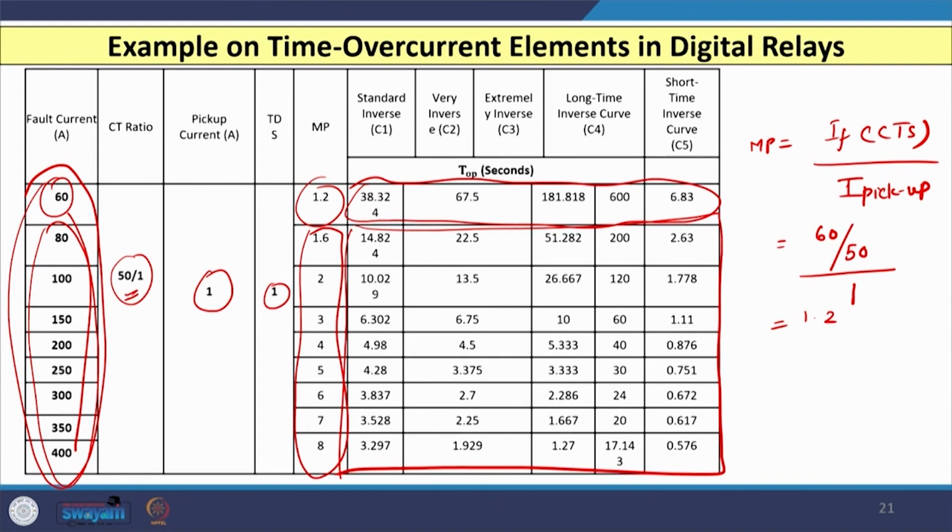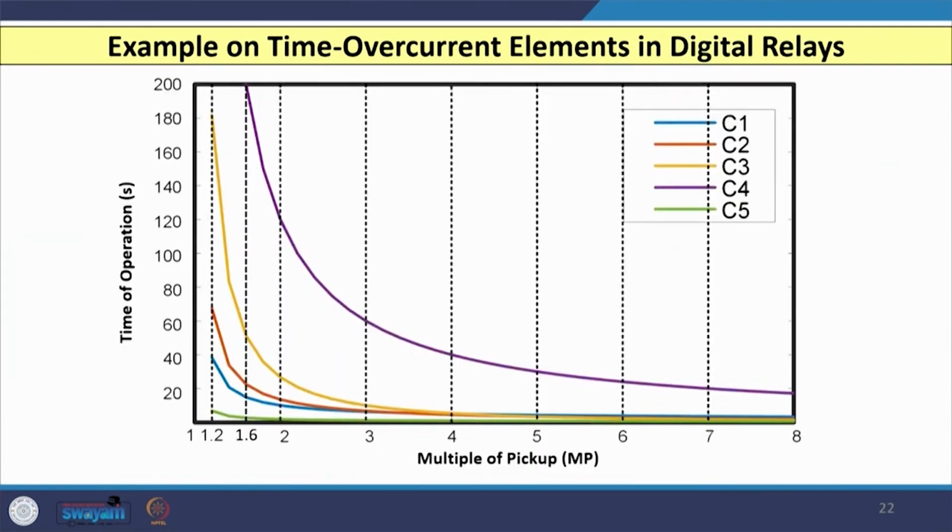And if I plot the graph of these 5 curves, assuming on x axis I am taking multiple of pickup current and on y axis I am taking time of operation in seconds, then you can see that these are the characteristics of different curves. This is the characteristic of C4 curve.